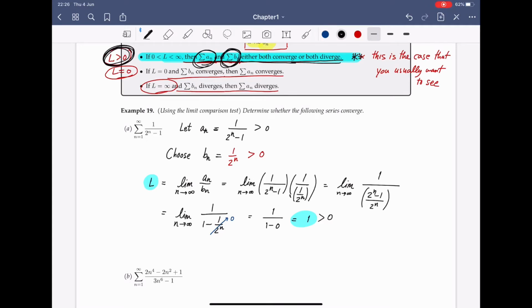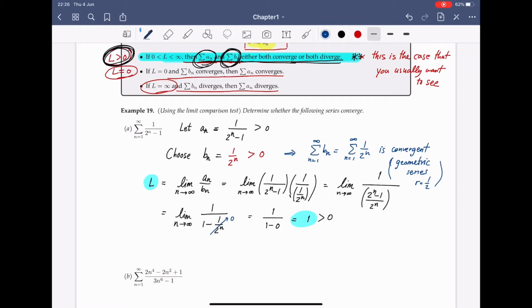So summation a_n and summation b_n either both converge or both diverge. Because we picked b_n to be 1 over 2 to the n, summation of b_n is summation of 1 over 2 to the n, and this is convergent because it is a geometric series with r equal to 1/2.